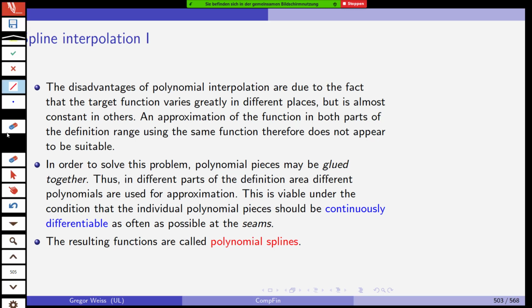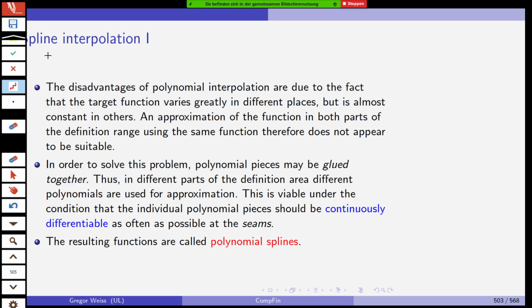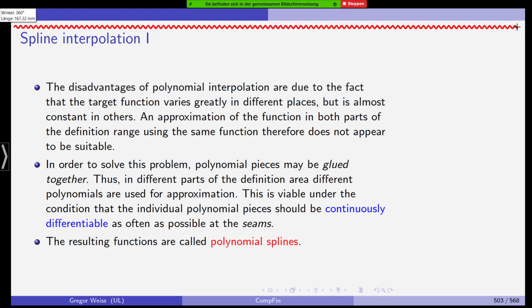If you understand the general principle, meaning that you are taking polynomials and gluing together polynomial pieces, then you get polynomial splines, and these are continuously differentiable, and these functions are used to approximate and even interpolate different functions. Okay, so if you have any questions, please stay in the Zoom room.